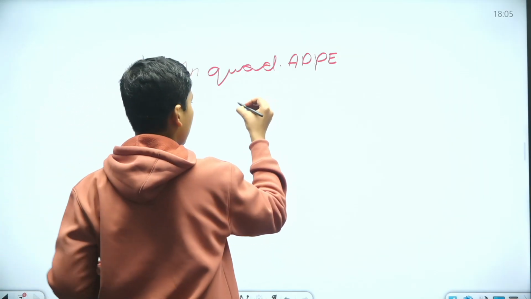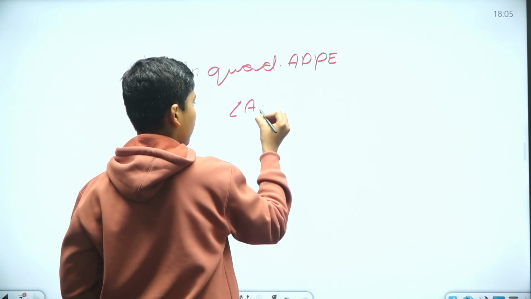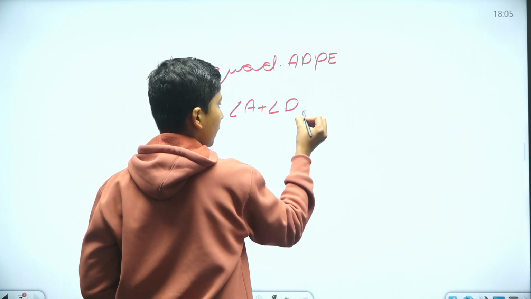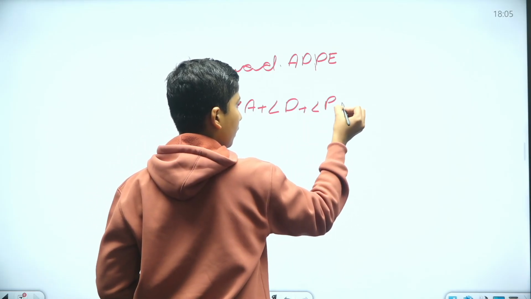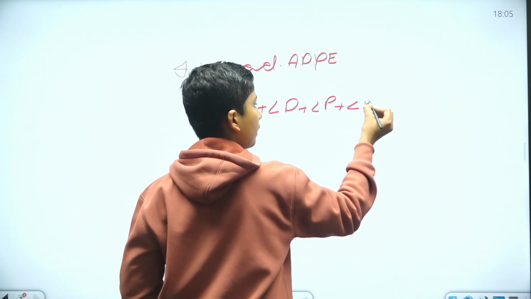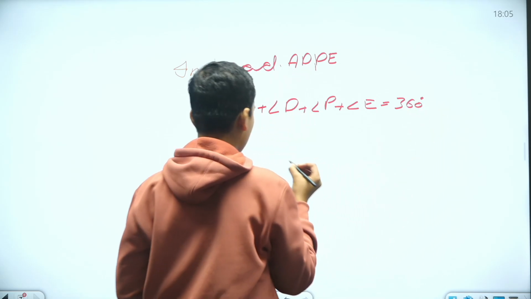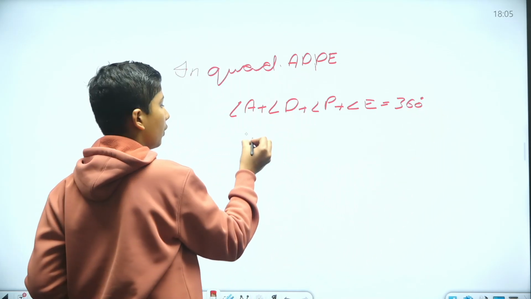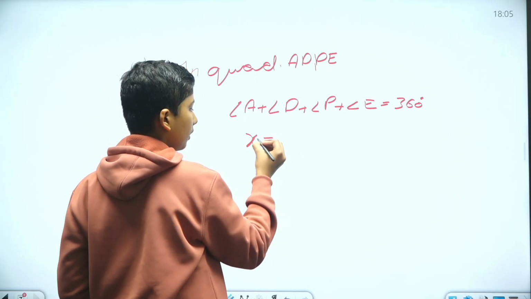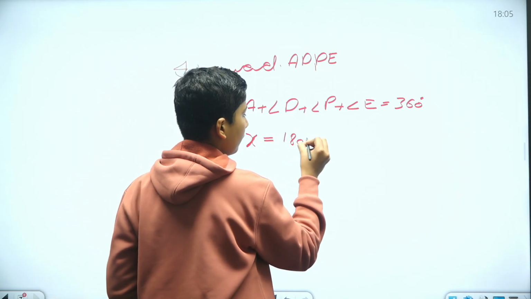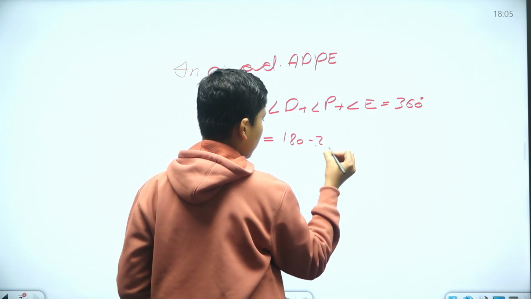So angle A plus angle D plus angle P plus angle E equal to 360 degree. So angle A we know x, D is 180 minus z by 2.